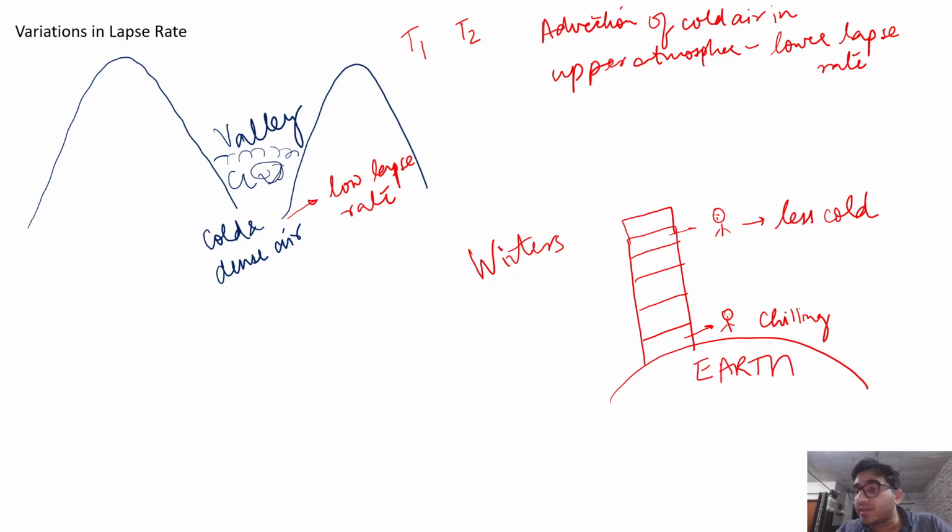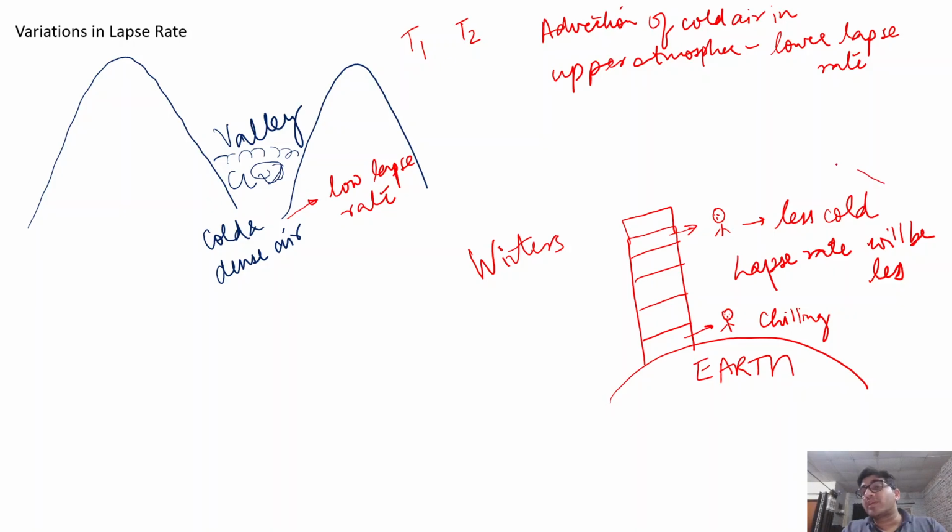It happens here that the air which is in contact with this earth will be extremely cold. So once this air gets quite cold over here, again the lapse rate will be less. So the difference here and difference here will not be much.